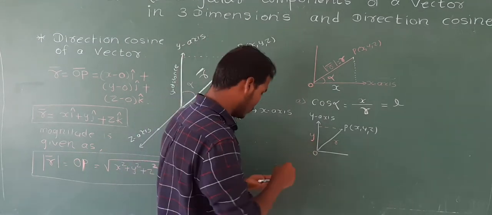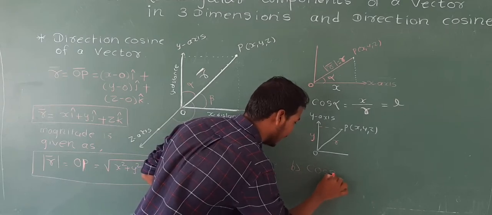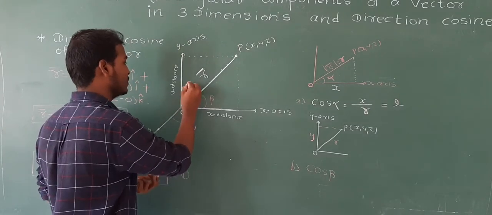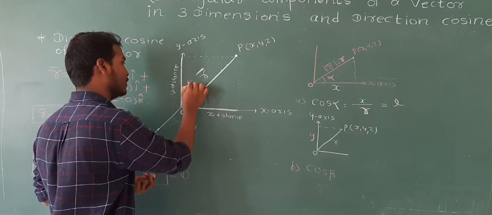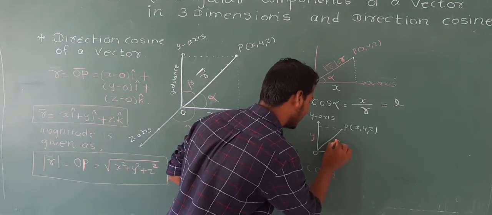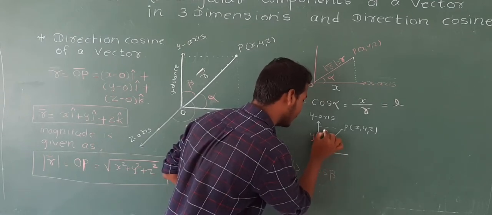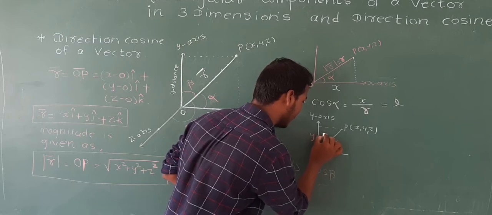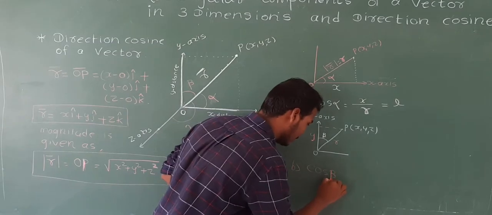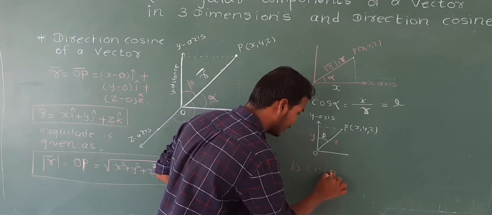Now the next direction cosine is cos beta. I am extremely sorry, just change these angles. This is beta and this is alpha. So for cos beta, this is r, and here we have angle beta. Do not get confused, this angle is beta. How to draw beta? Just draw the letter B and extend the downward part.